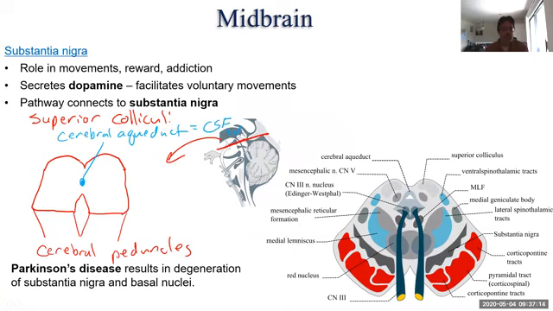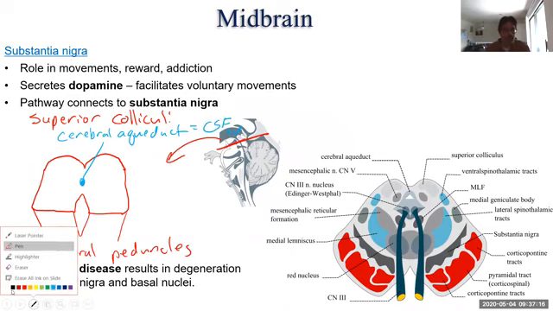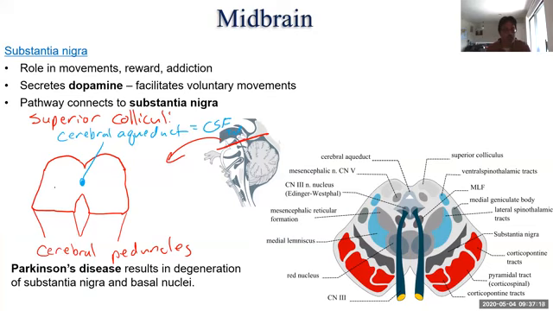All right. The thing is, in the middle of this area, when you do this, there are these dark staining areas here, like this. This is called substantia nigra. Substantia nigra refers to this black substance, and it's highly pigmented. These cells in the substantia nigra secrete the neurotransmitter dopamine.